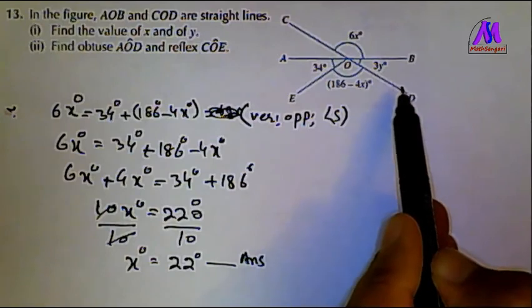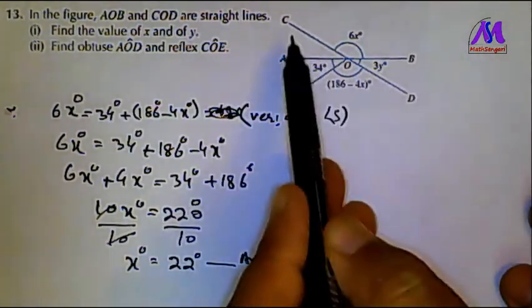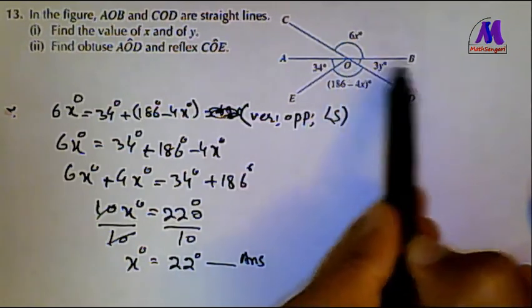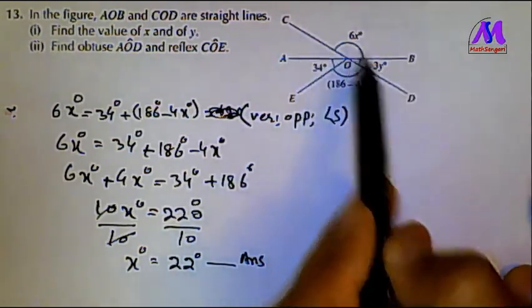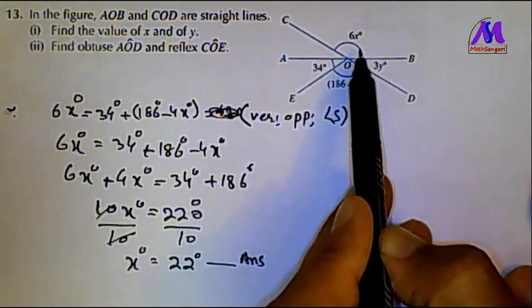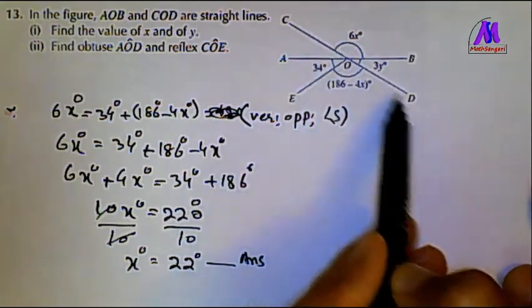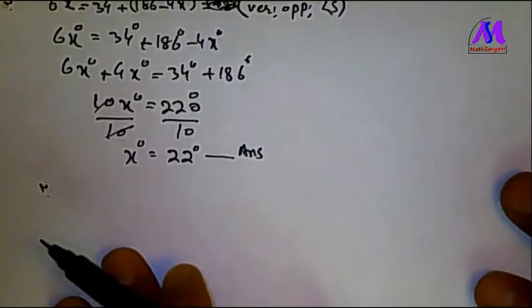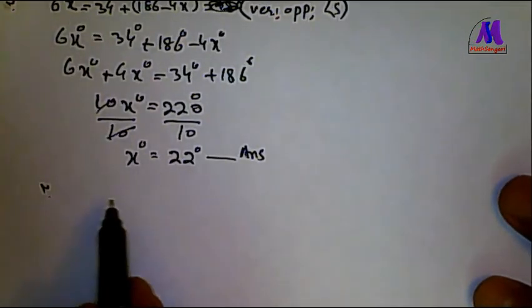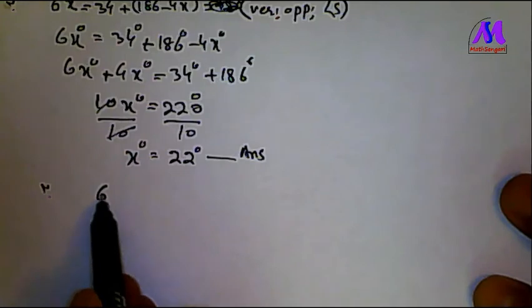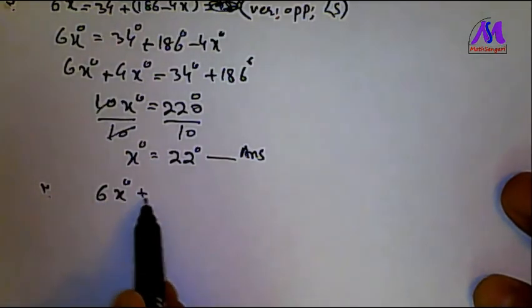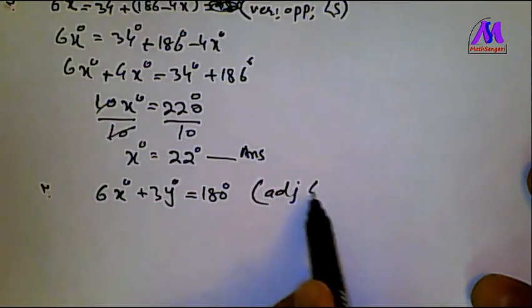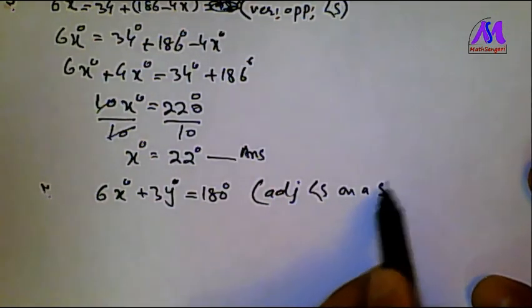Now it's so easy. If you concentrate here, CD is a straight line, and DOB and BOC are two adjacent angles lying on a straight line CD. So therefore 6x degree plus 3y degree will be equal to 180 degree, angles on a straight line.